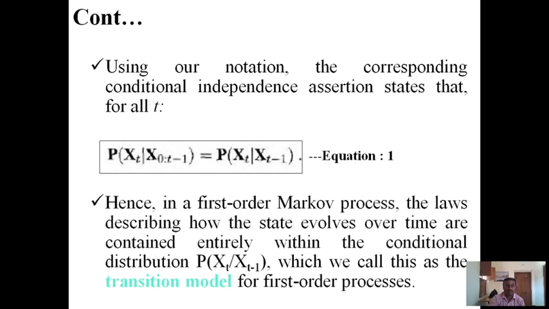Hence, in a first order Markov process, the law describing how the state evolves over time is contained entirely within the conditional distribution P(X_t | X_t-1), which we call the transition model for the first order process.